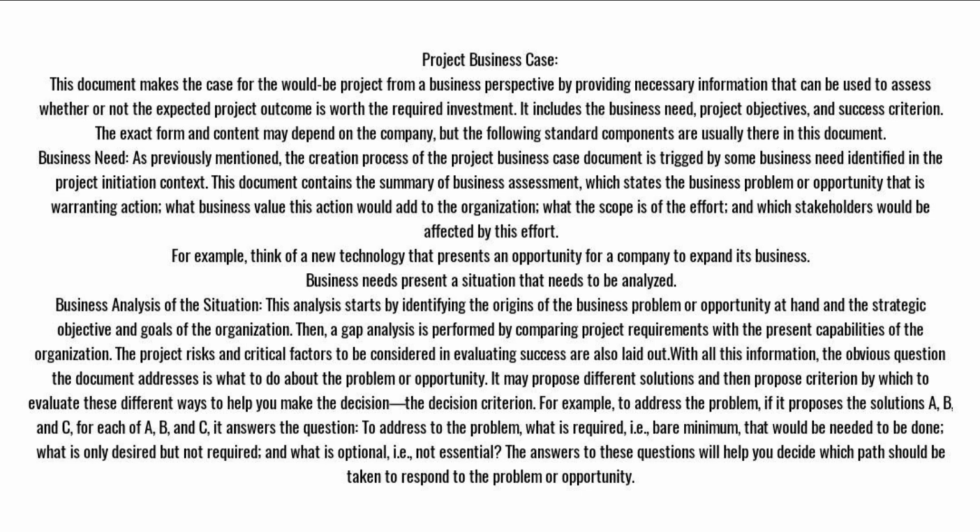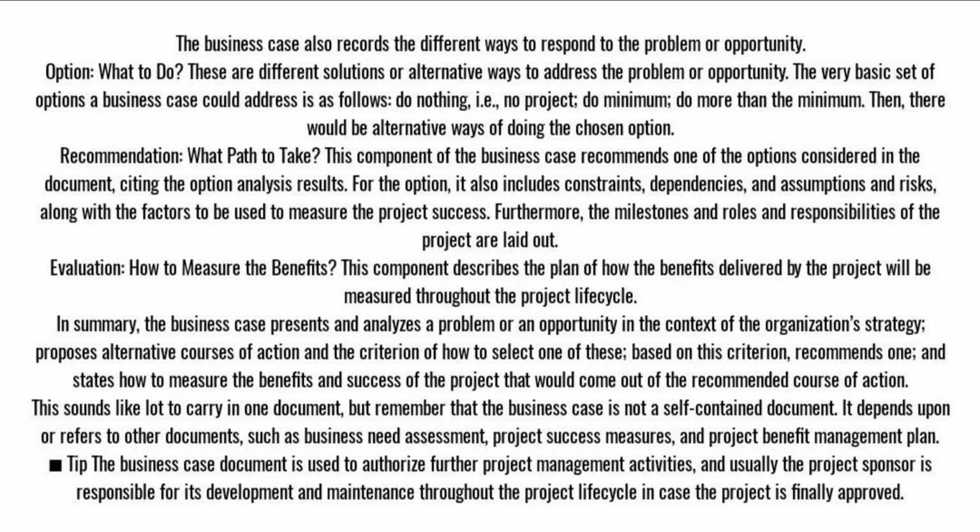For example, to address the problem, if it proposes the solutions A, B, and C, for each of A, B, and C, it answers the question: to address the problem, what is required, i.e., the bare minimum that would need to be done, what is only desired but not required, and what is optional, i.e., not essential? The answers to these questions will help you decide which path should be taken to respond to the problem or opportunity.